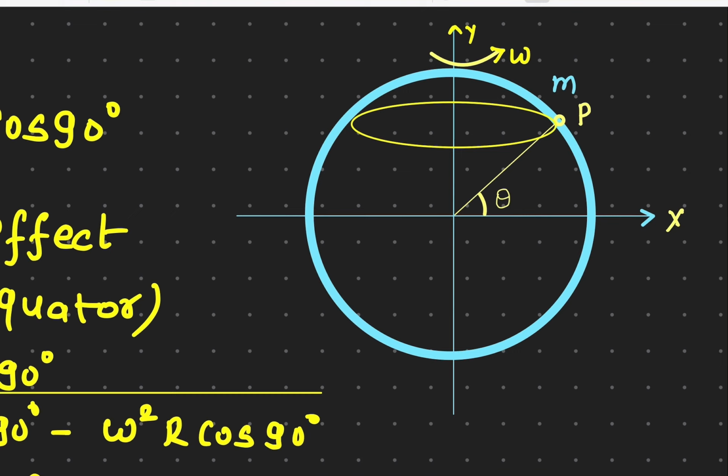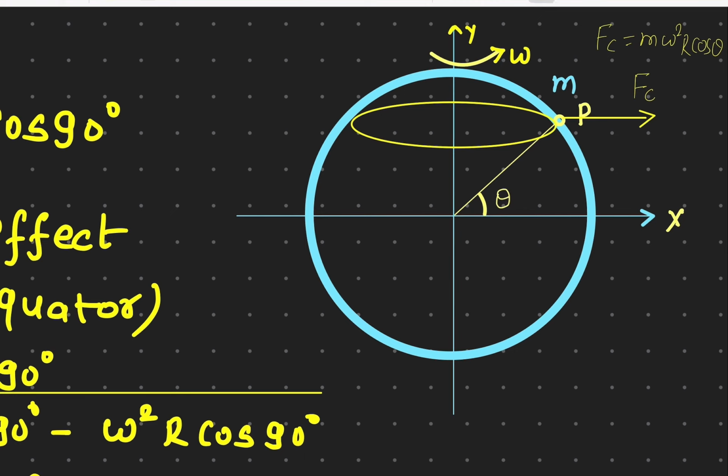Whenever an object moves in a circle, and you look from the non-inertial frame of reference, there must be a centrifugal force, and this would be the centrifugal force here. The value of centrifugal force is m omega square r cosine theta.